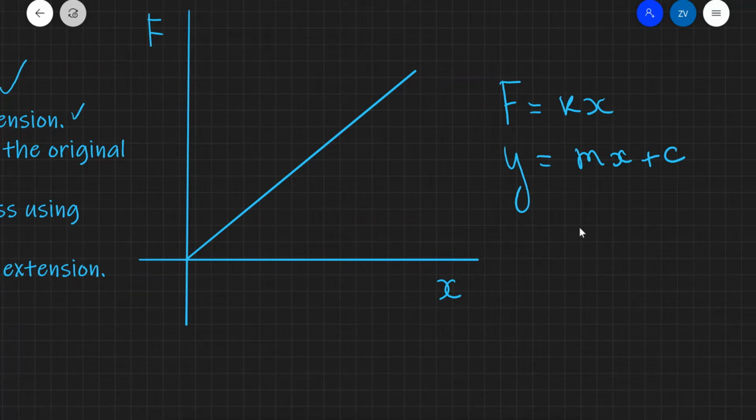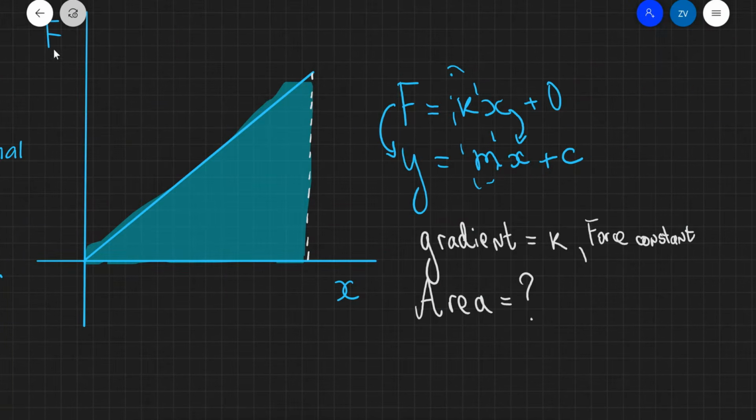We can see that our intercept is 0. x is on, surprise, surprise, the x-axis, F is on the y-axis, and this means that our gradient is equal to the spring constant. So in a force against extension graph, the gradient is equal to the force constant K.